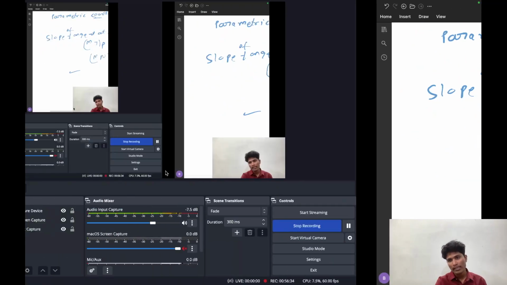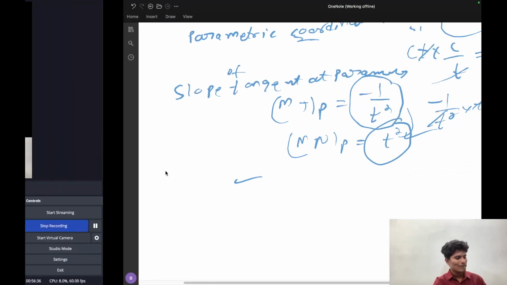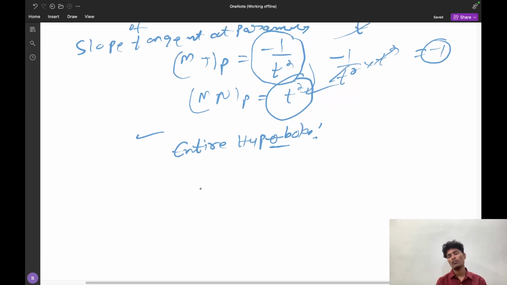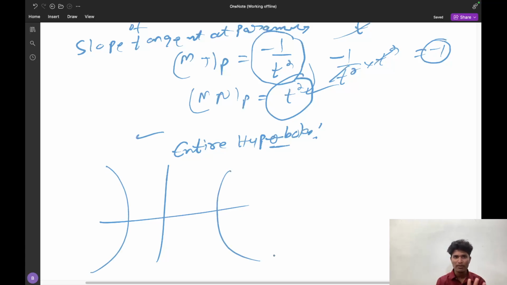Up to now, I think we have discussed the entire hyperbola. In the hyperbola, I didn't discuss the properties because those properties will resemble the ellipse. And suppose if I want to explain, I can explain. Suppose this is the first property, I will explain only this property. What it is saying?